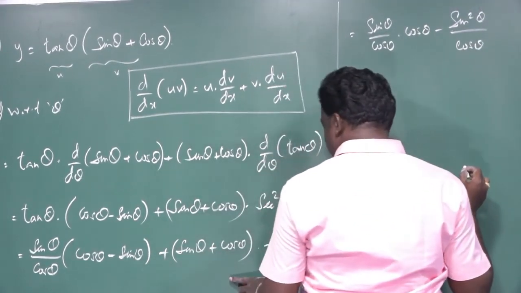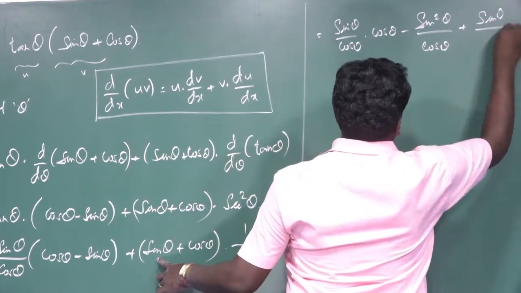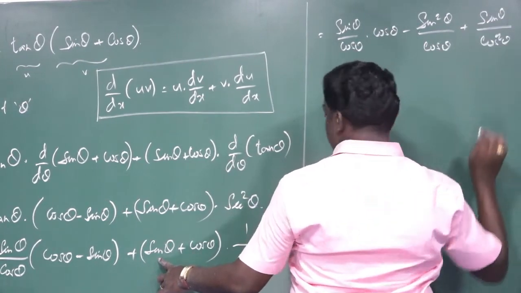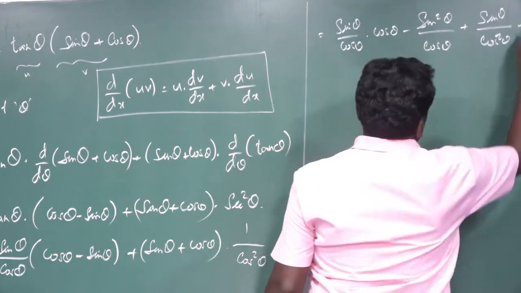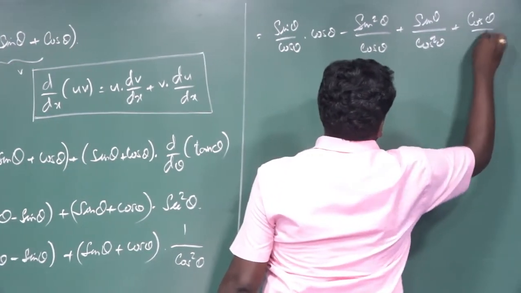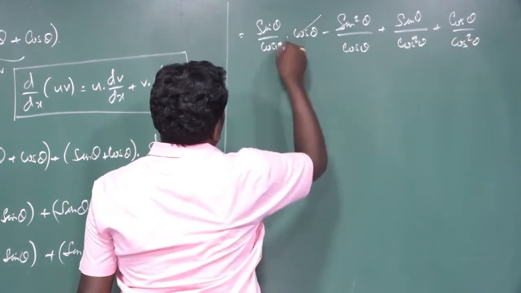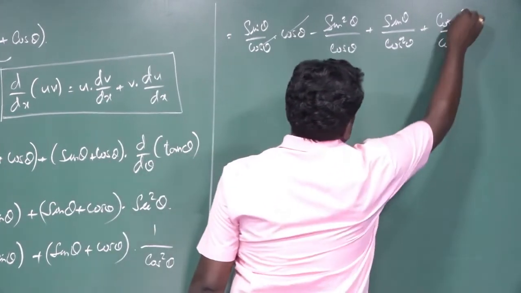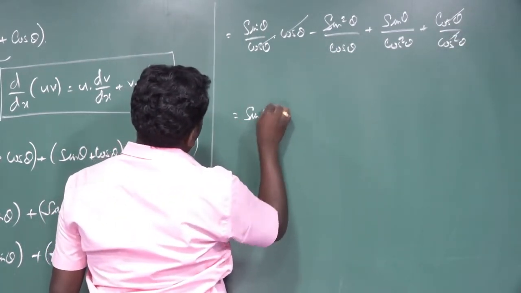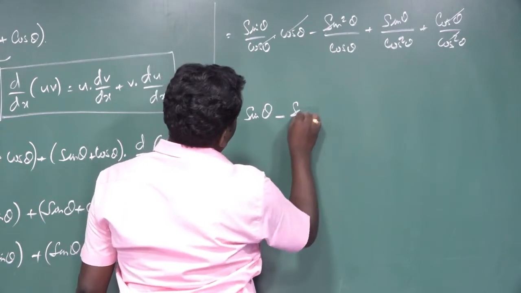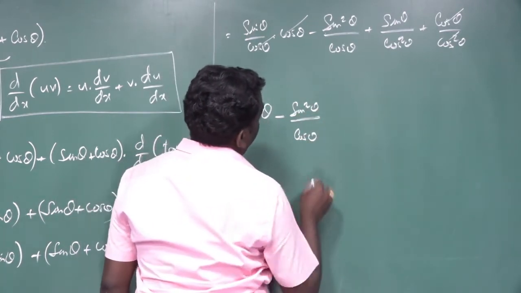Then multiply the 1 by cos square theta inside the bracket: plus sin theta by cos square theta, plus cos theta by cos square theta in the denominator. Therefore, one cos cancels here, and again one cos cancels here. The remaining is sin theta for the first term, minus sin square theta by cos theta for the second term.